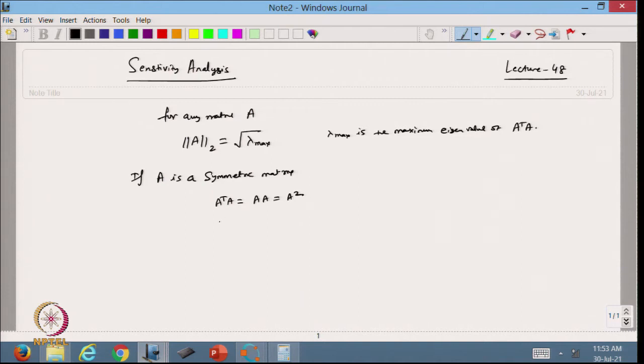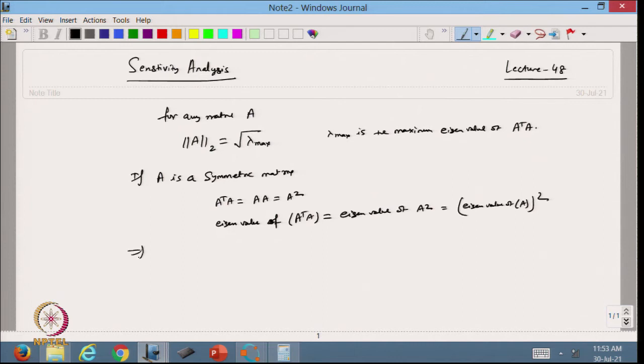So now if I take the eigenvalues, the eigenvalues of A transpose A are the same as the eigenvalues of A square, and it means the eigenvalues of A and then taking the square.